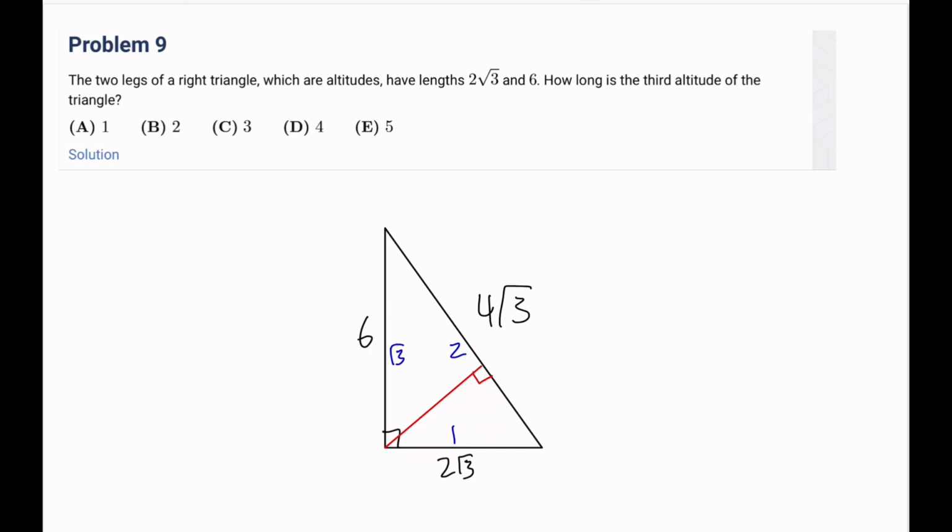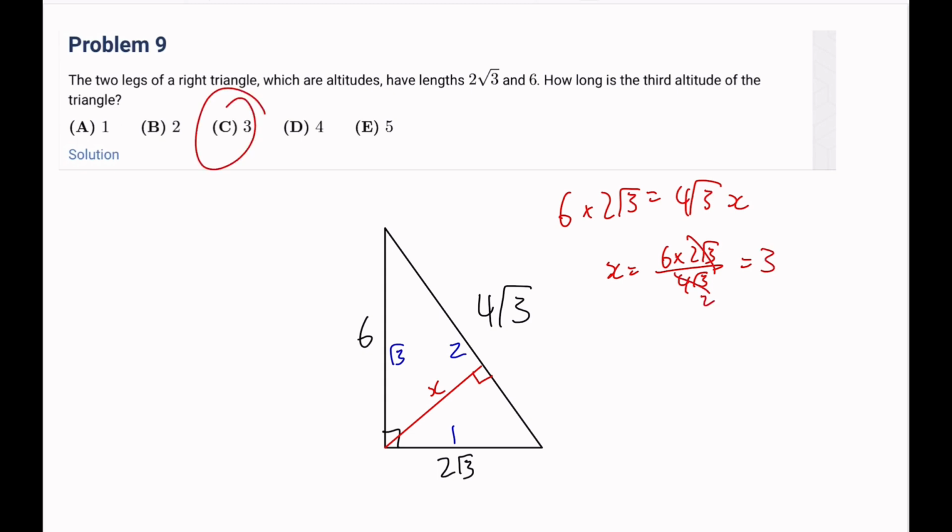And so if we say this is x, 6 times 2 root 3 equals 4 root 3 times x. X equals 6 times 2 root 3 over 4 root 3, and this is 2, so it's 3. The answer is C.